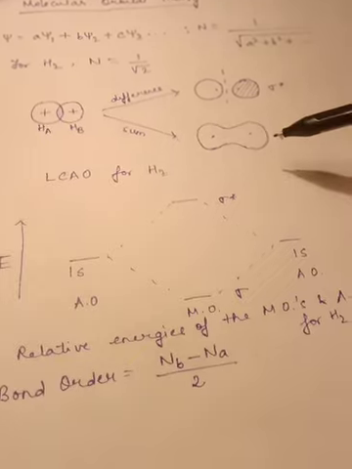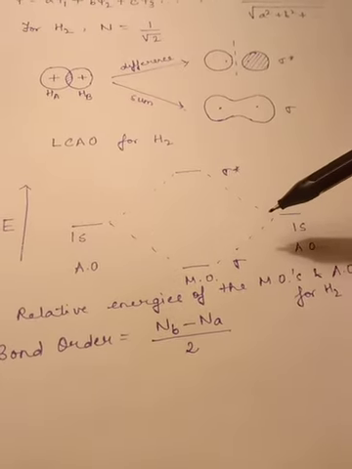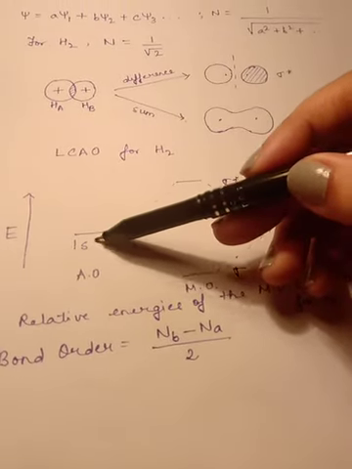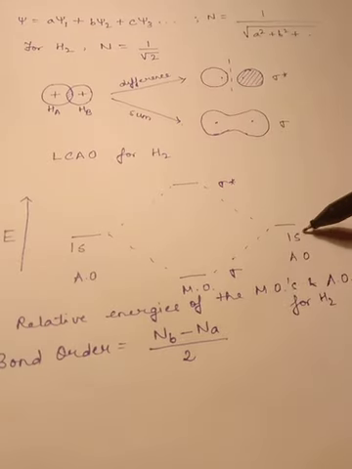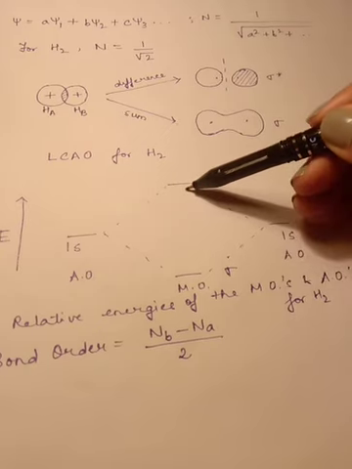Now moving on to this lower figure, which is the relative energies of the MOs and atomic orbitals for H2. So this is the atomic orbital, or 1s, of one hydrogen atom. This is the atomic orbital of the other hydrogen atom, and the two combine to form two molecular orbitals.